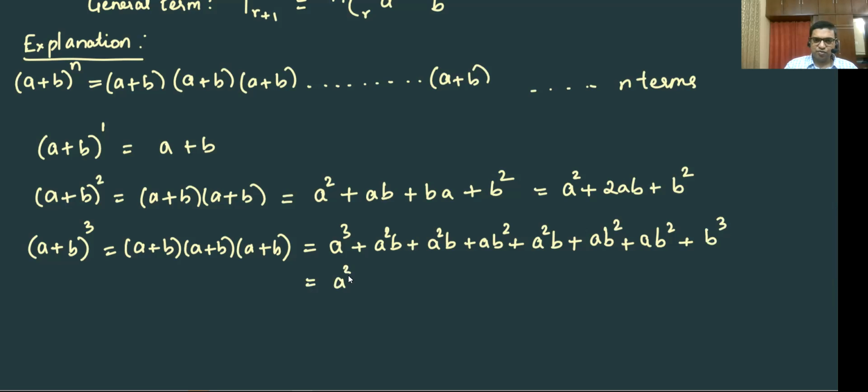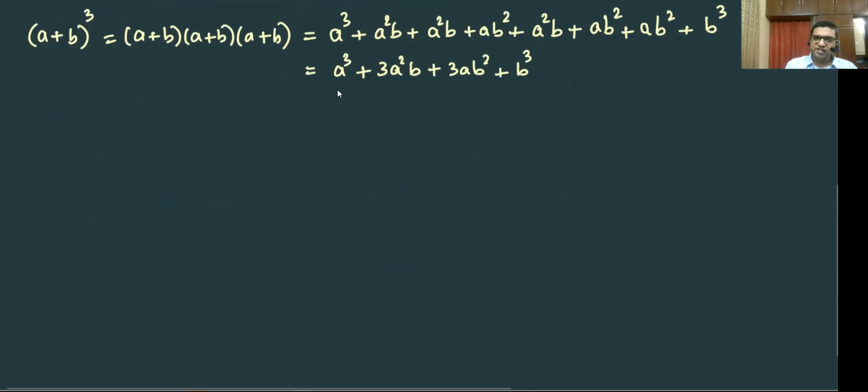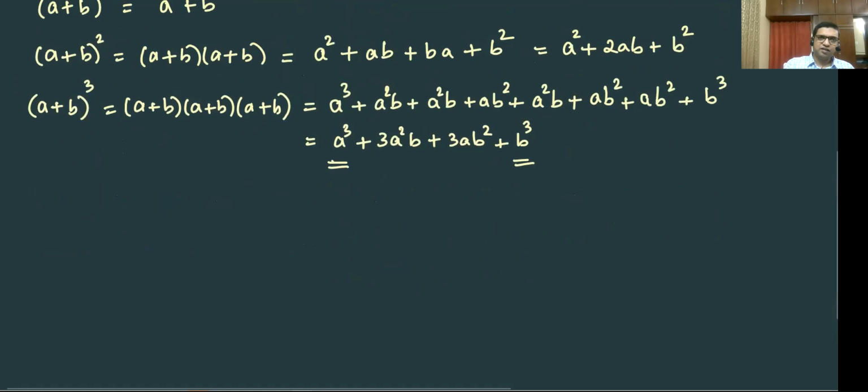So this is a cube plus 3 a square b plus 3 ab square plus b cube. Now each term will be of degree 3. So this is a cube, b cube, here a square term and degree 1 term, here degree 1 term and square term for b. So you get a plus b the whole cube.